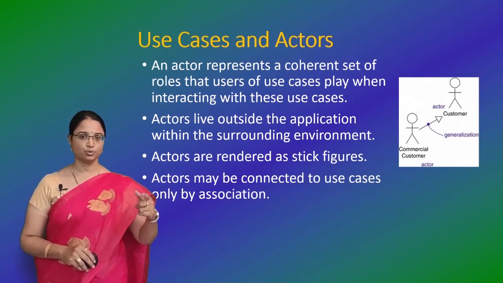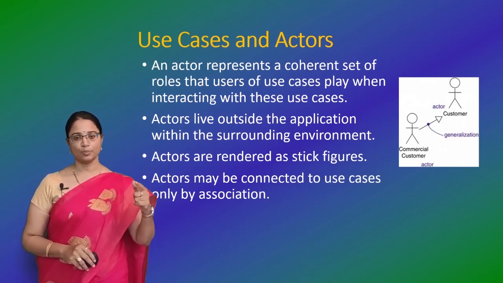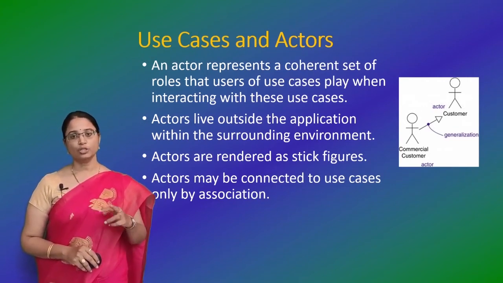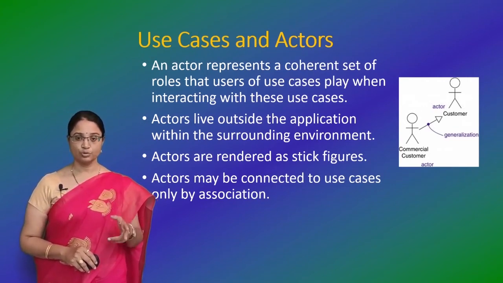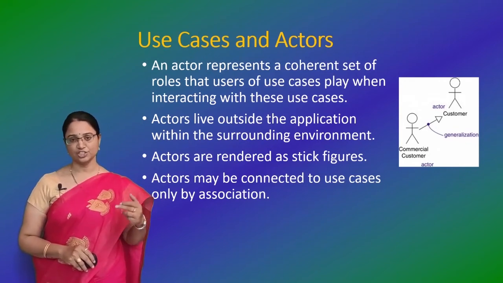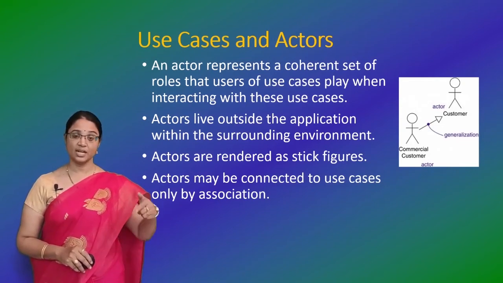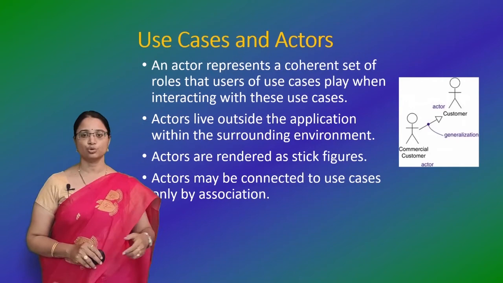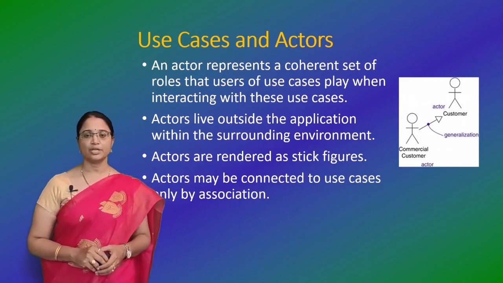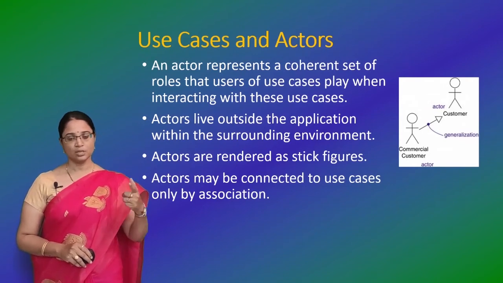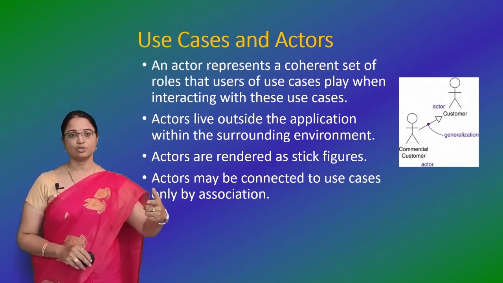Only one object will be using the information or operations of another object. In an association, both can send and receive messages. Generalization is like a parent and child relationship. Realization is between two classifiers. One classifier specifies the operations and another classifier tries to carry out those operations. Then you can represent that by using a realization. Here you need to use the association because the use cases and actors send and receive messages.